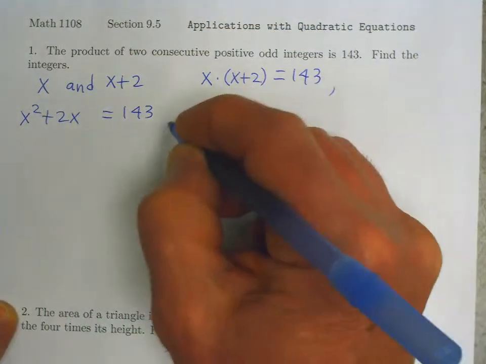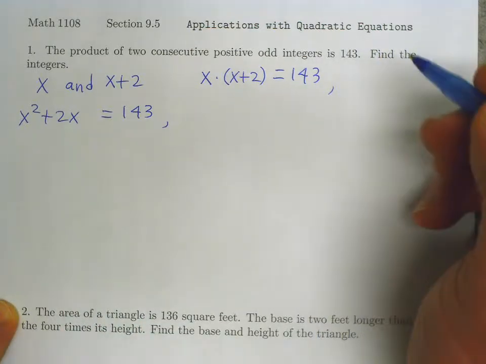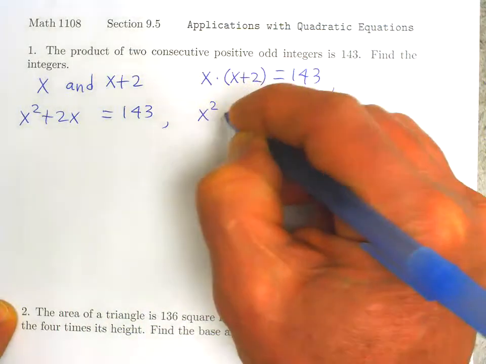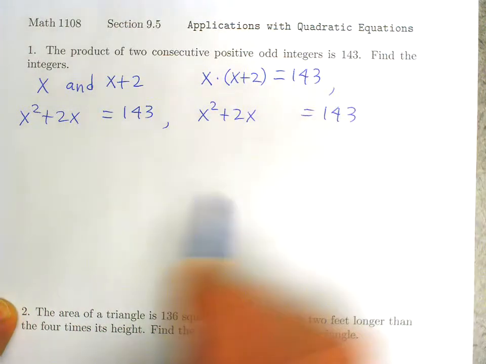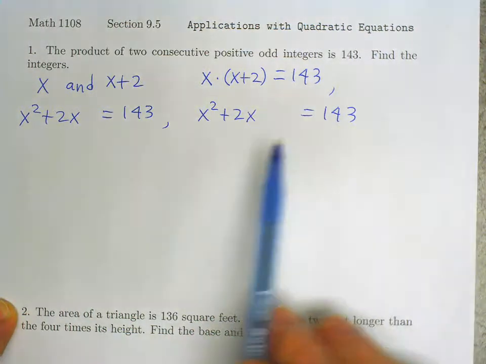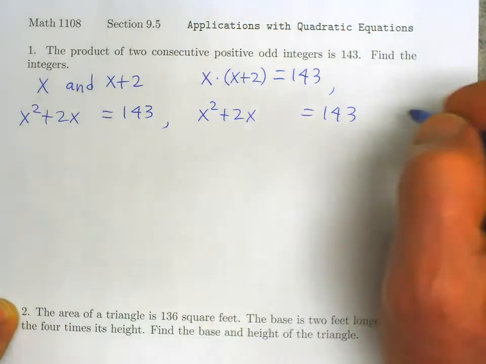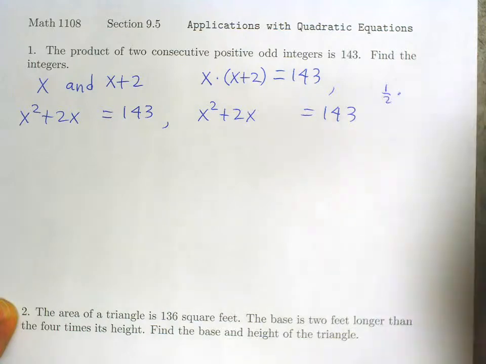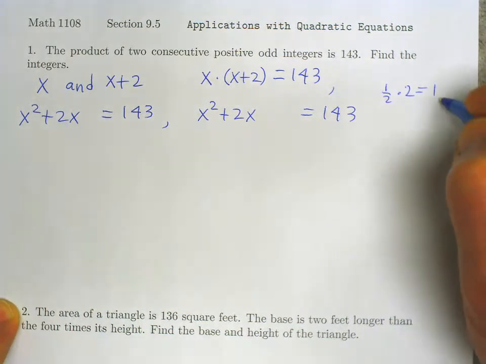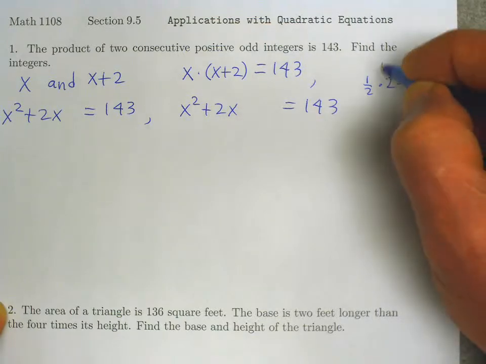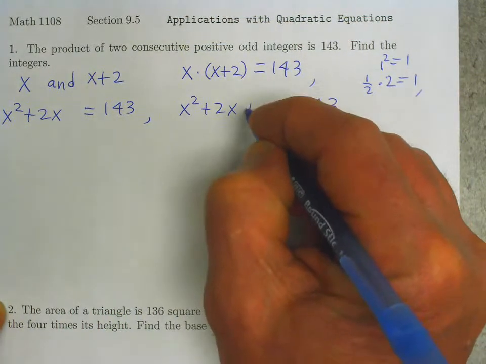So I'm just going to go ahead and apply the completing the square method. We're going to add a number to both sides so that the left-hand side is a perfect square trinomial. Since the coefficient of x squared is 1, we take 1/2 of the coefficient of x. 1/2 times 2 is 1. And then we square that number. 1 squared is 1. So we add 1 to both sides.